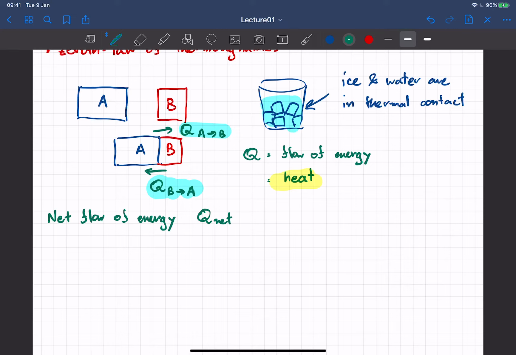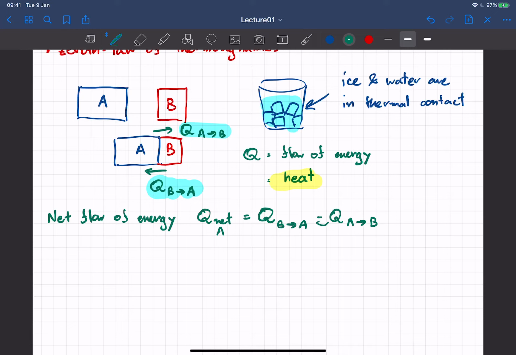So if you're gonna talk about A in particular, we're gonna define the sign such that if it's positive, then energy is flowing into A. Okay, so in this case, it should be clear that we have to write Q from B into A because that's the energy that flows into A. Let's say Q net for object A, and then minus Q from A to B.